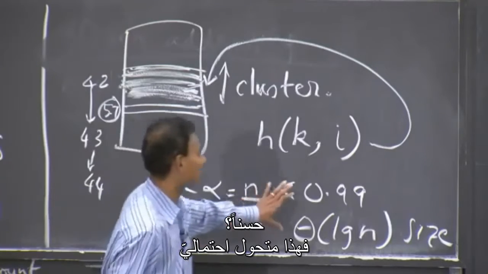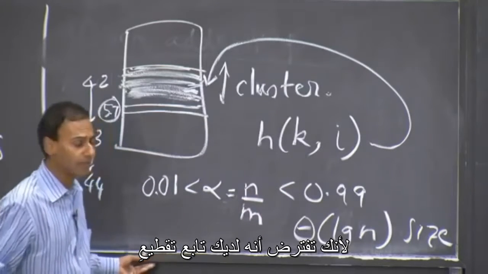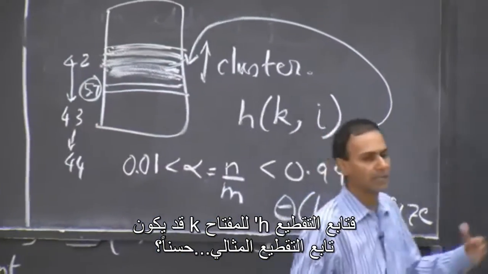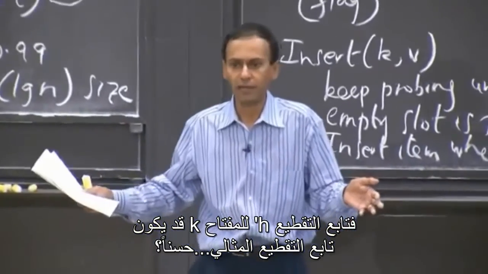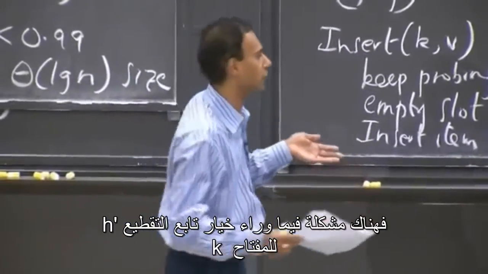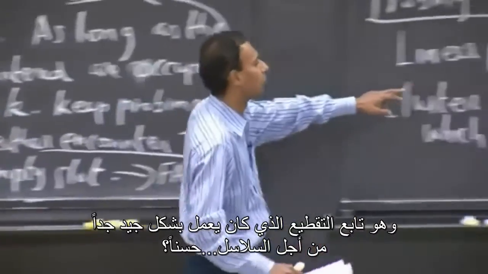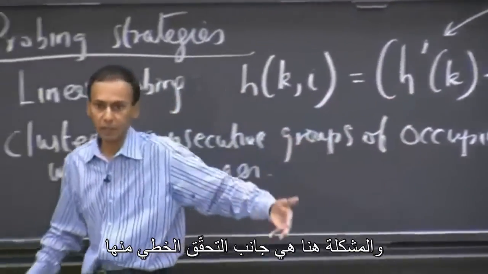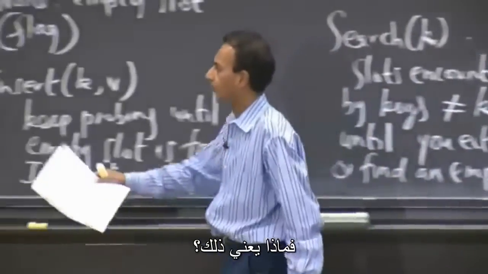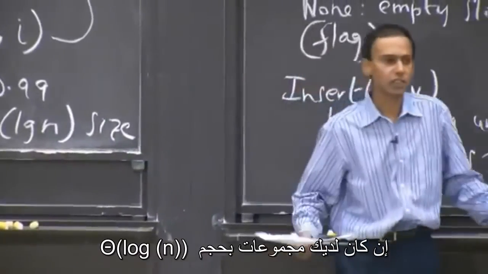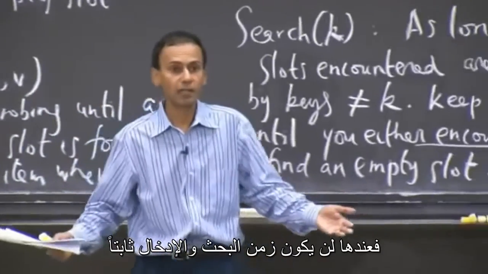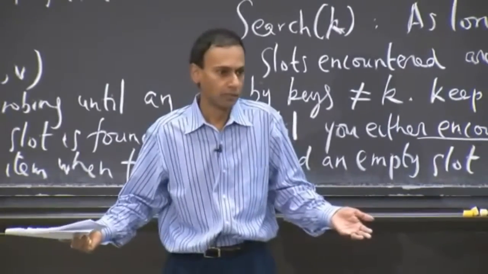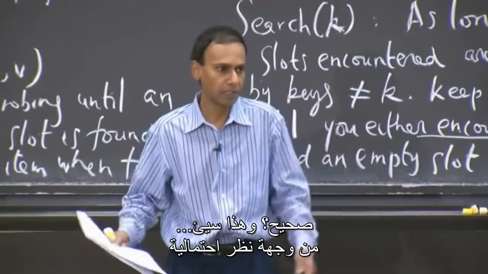So this is a probabilistic argument, and you're assuming you have a pretty good hash function, so h prime k can be this perfect hash function. All right. So there's a problem here beyond the choice of h prime k, this hash function that worked really well for chaining. The problem here is the linear probing aspect of it. And so what does that mean? If you have clusters of theta log n, then your search and your insert are not going to be constant time anymore, right? Which is bad, even in a probabilistic sense.